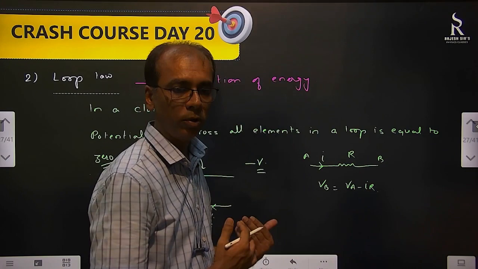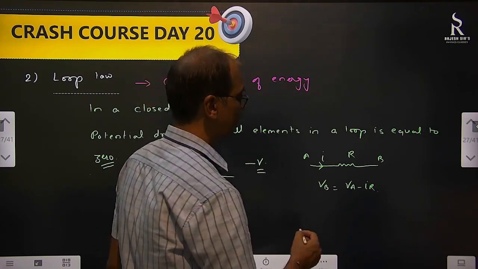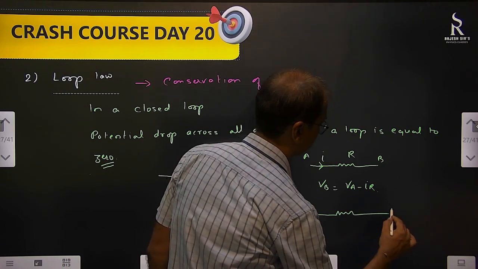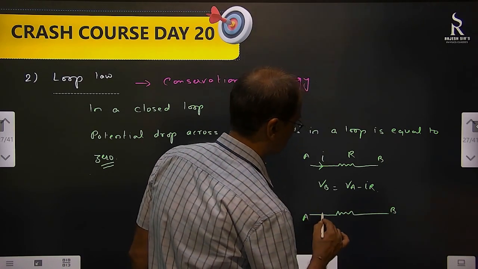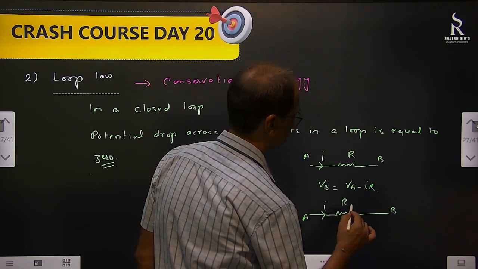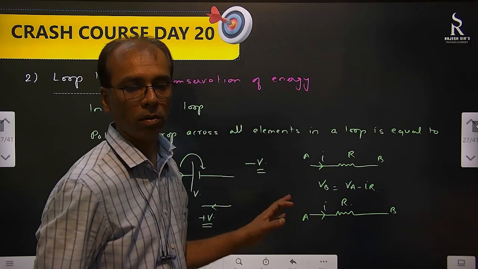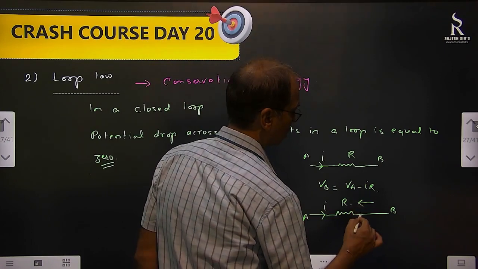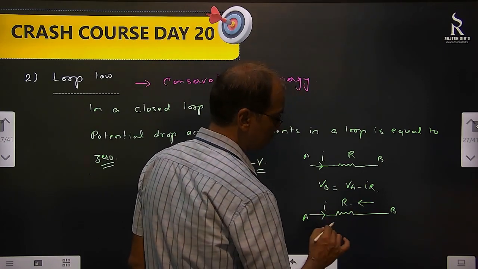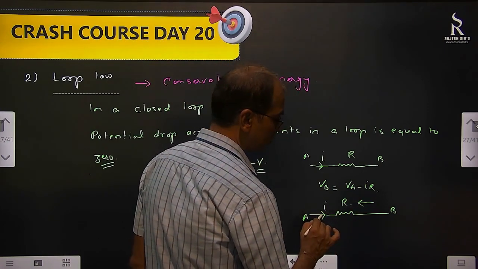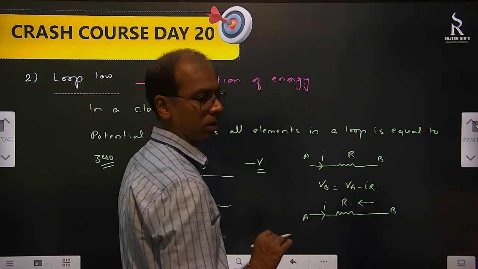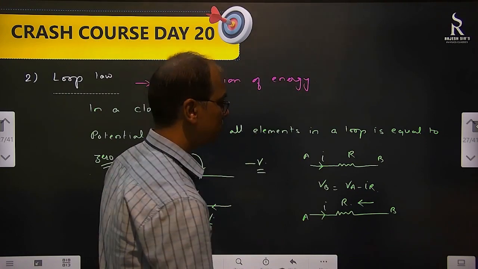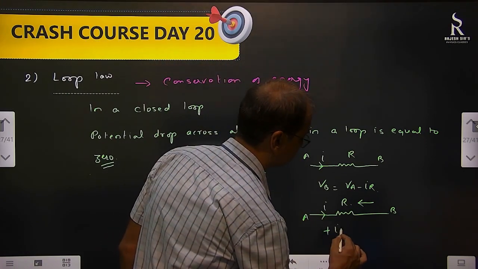If you come in the opposite direction, with this being I and this being R, you are moving opposite to the current. Current always moves from higher potential to lower potential, but you are moving from lower to higher. So in this case, you write plus IR.